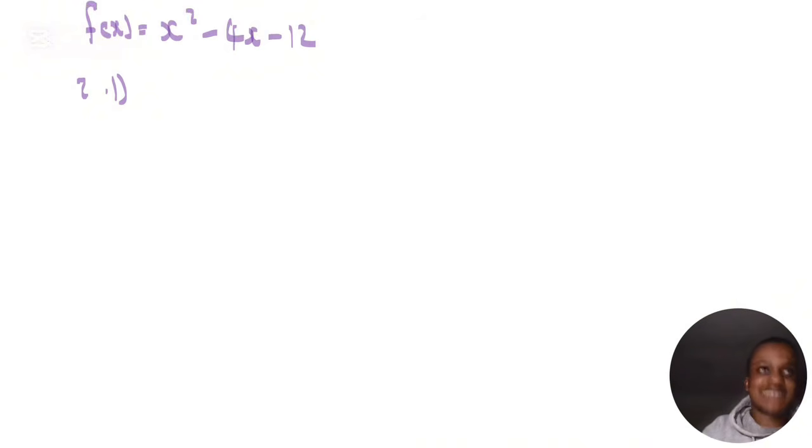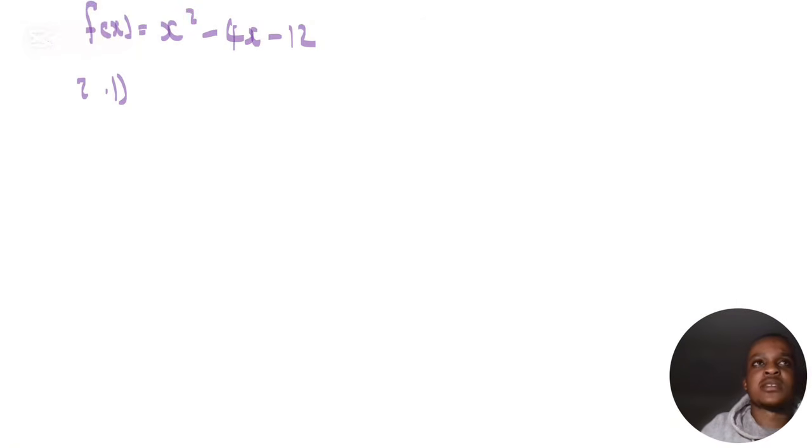So the given function is f of x is equal to x squared minus 4x minus 12. First question, the y-intercept.